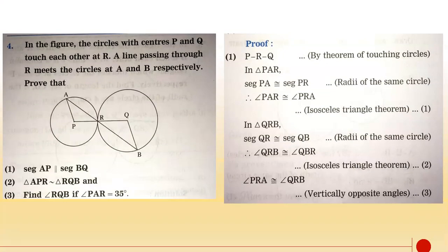Next, question number 4. In the figure, the circles with centers P and Q touch each other at R. A line passing through R meets the circles at A and B respectively. We have to prove, first, segment AP is parallel to segment BQ.